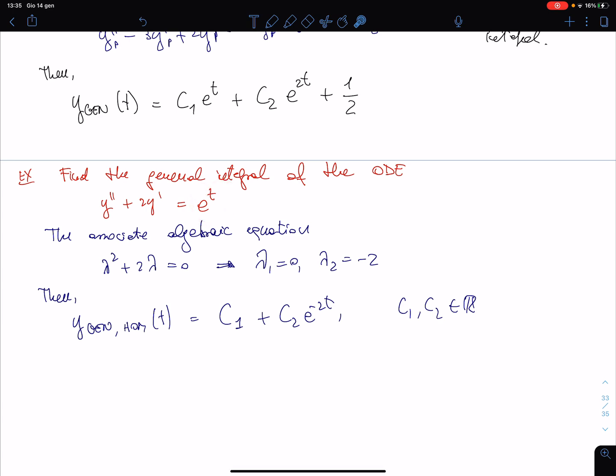And here the reasoning is simple again, since here we have an exponential. The exponential does not change if you differentiate it.